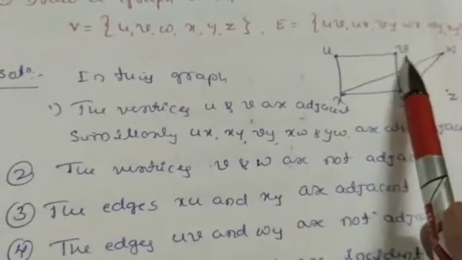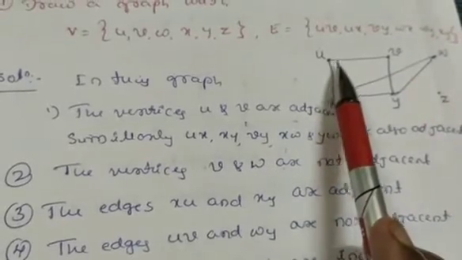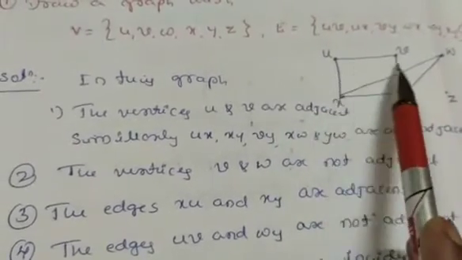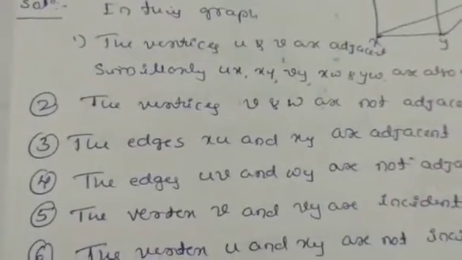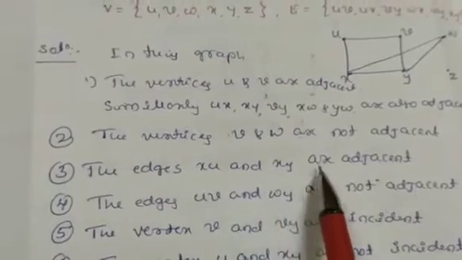Adjacent means if any two vertices are joined by some edge, then we call them adjacent vertices.